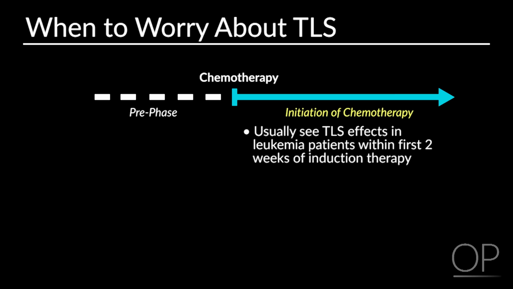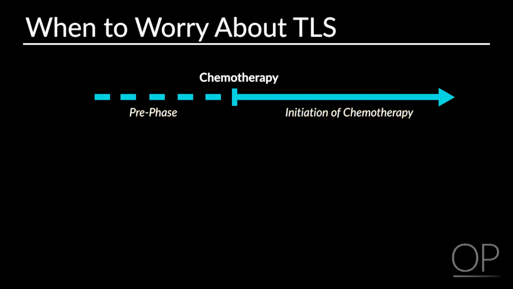Usually we see effects in our leukemia patients of tumor lysis syndrome within the first 2 weeks of induction therapy. And this is more because at this point is the highest tumor burden for any patient with leukemia. And so as we're lysing the cells with induction therapy, these cells are being broken down. It's during these time frames that we worry most about tumor lysis syndrome.